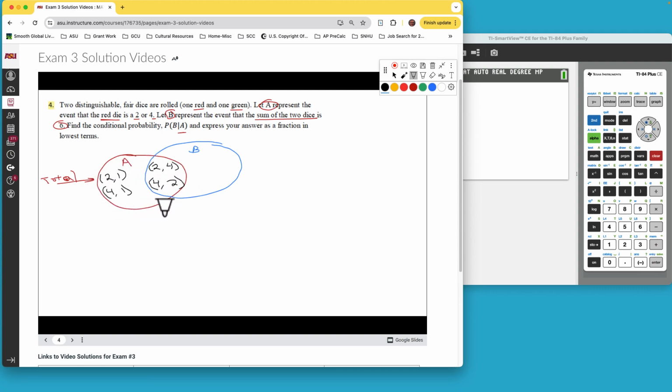Now we have to figure out what all is in A. We could go through and count each thing that has a red die of 2 or 4. And we'll just do this with the red over here.